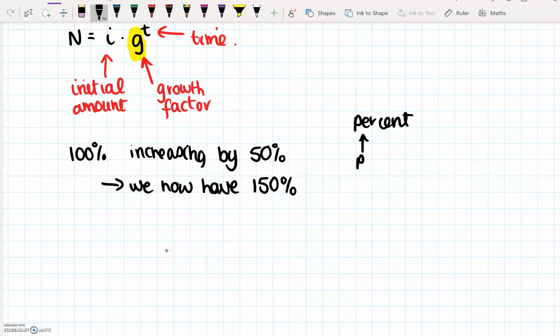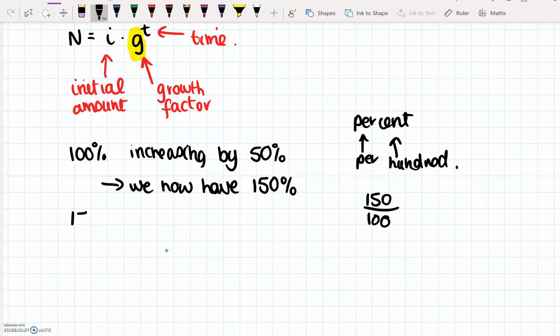Okay, now remember percent means per 100. Okay, so for every 100, that means we have 150 for every 100. So that means we have 150 out of 100. For every 100 things, we have 150 of them. So in order to get our percentage into a growth factor, what we need to do is divide it by 100.